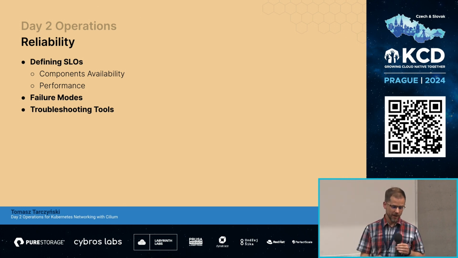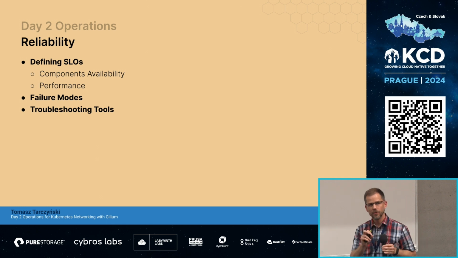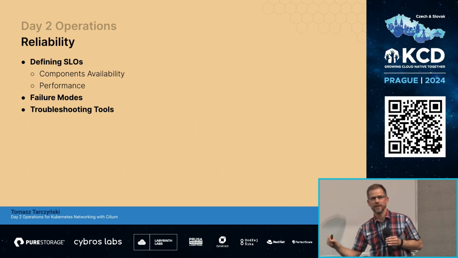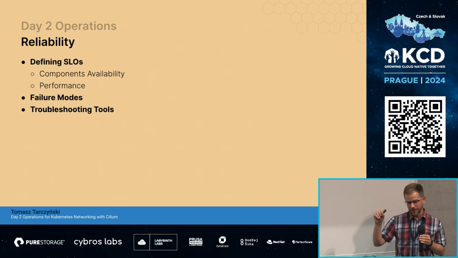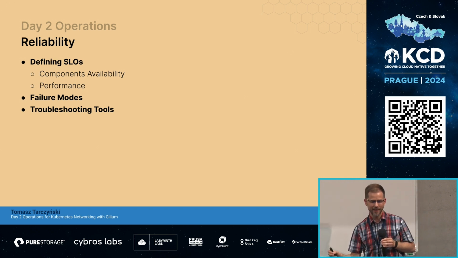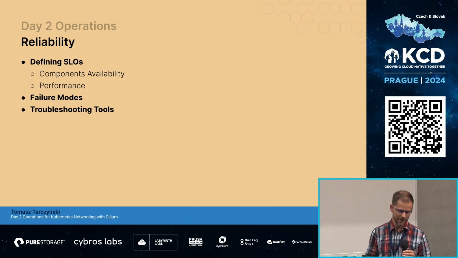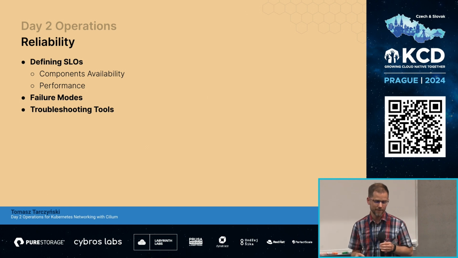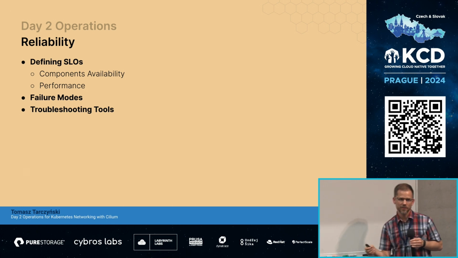What are the typical failure modes? So how your components can break. They will invariably break sooner or later, but that's good to think about it in advance. What happens if your Kubernetes API goes down? It's not available.